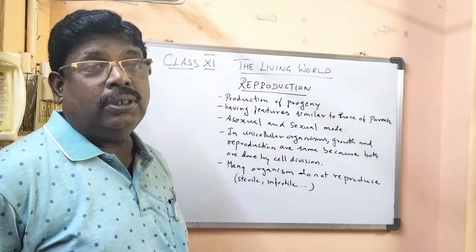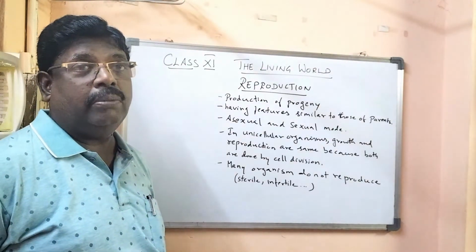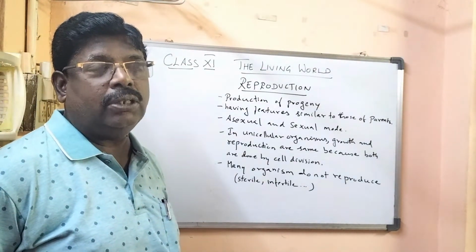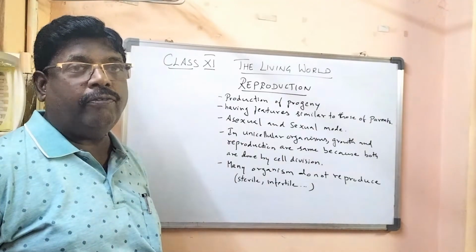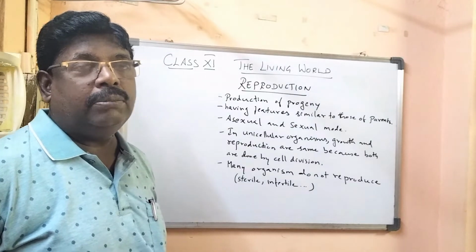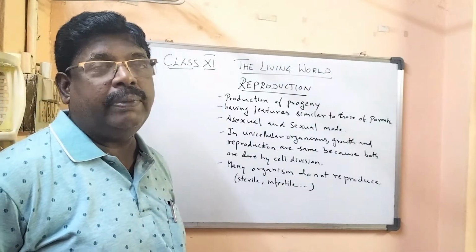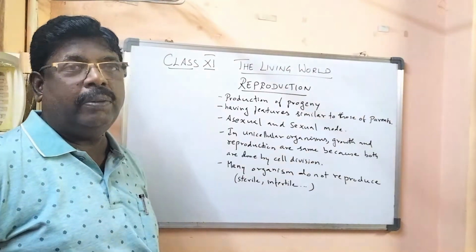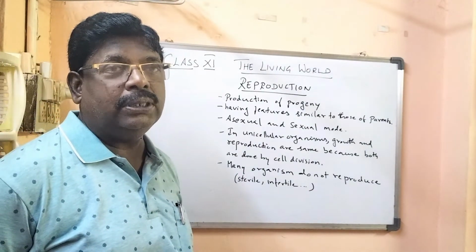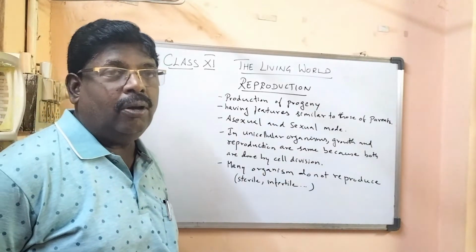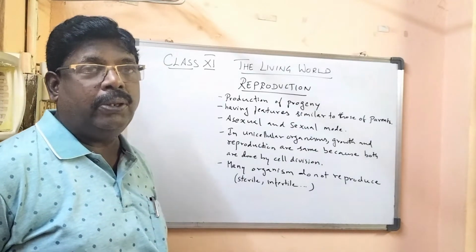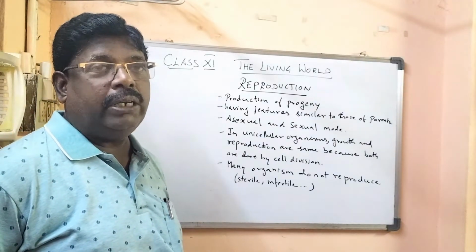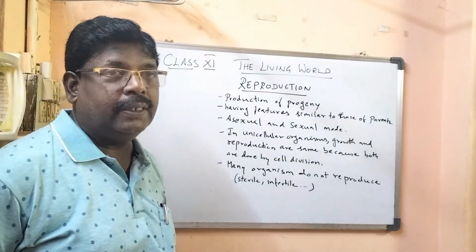And you should also know there are organisms which may not reproduce. Such organisms are called sterile organisms, not capable of reproducing. Similarly, when you take human beings, some human beings are infertile. Like if a woman cannot produce the ovum, or a male cannot produce sperms, they are called infertile couples.